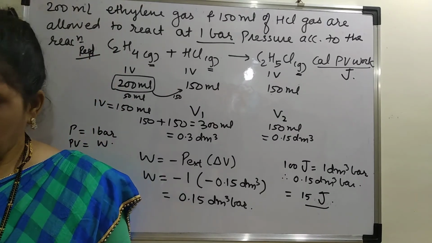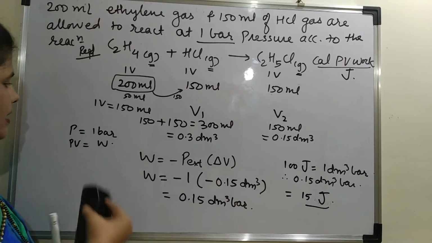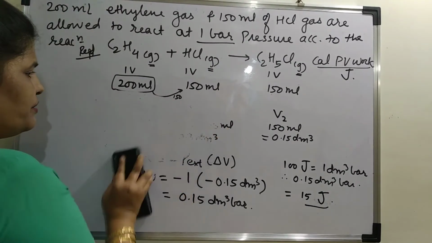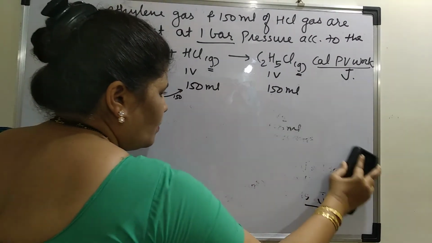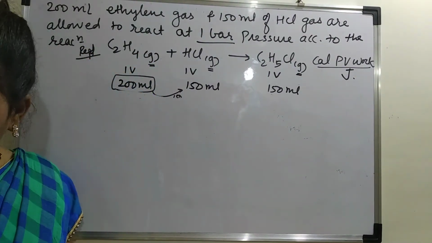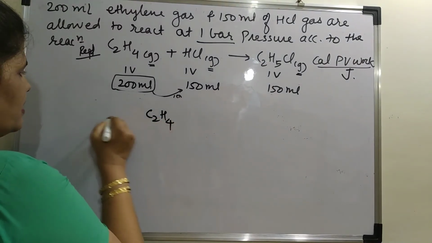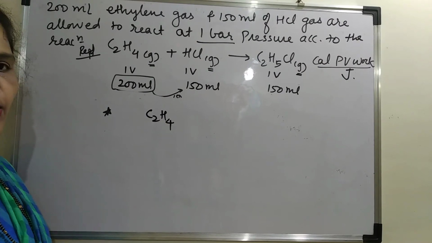Thank you, students. One very important thing I want to suggest here: if you see the problem, just by using Gay-Lussac's law, we can predict whether the work is because of expansion or compression. For that, I will write the equation. This is a hint to predict the sign of work.